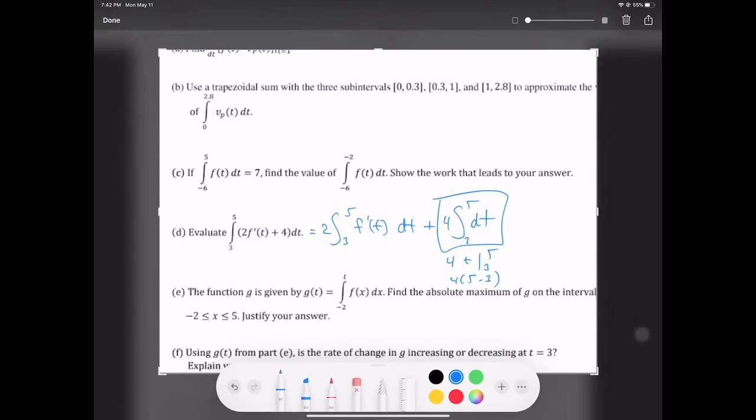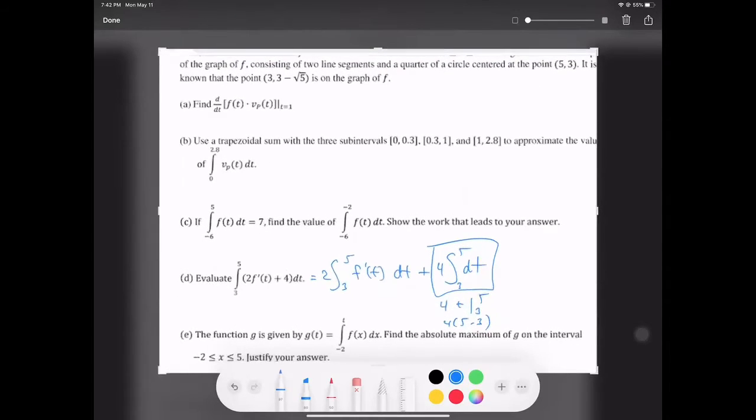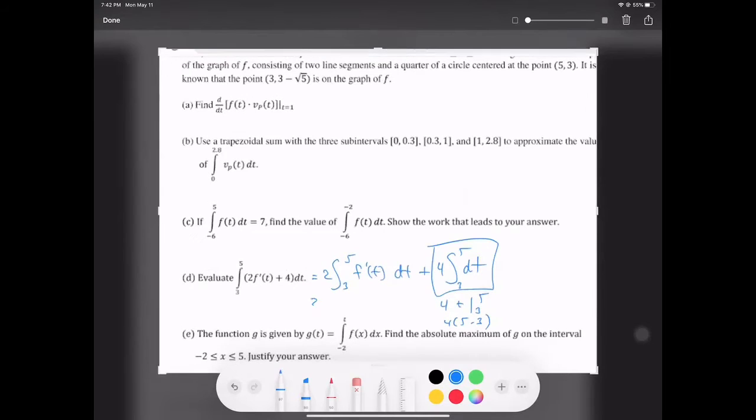The left side, we don't have that integral. So looking at our rule, the integral of f prime is f. This is 2 times f of 5 minus f at 3.